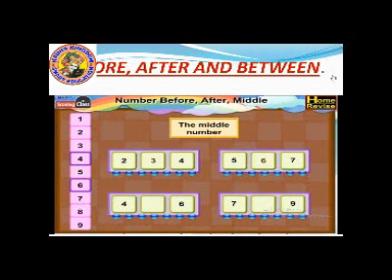Well, it is 4, 5, 6. So the middle number is 5. What is the middle number between 7 and 9? If you count, it is 7, 8, 9. So the middle number is correct, 8.